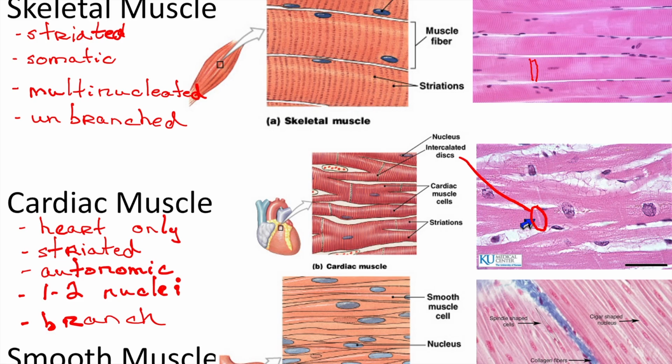And it's found in the walls of hollow organs. So your blood vessels, your digestive system, your ureter, your urethra, the uterus, any hollow organ that produces movement in an involuntary manner is going to be lined with smooth muscle, with the exception of the heart, which is cardiac muscle only.